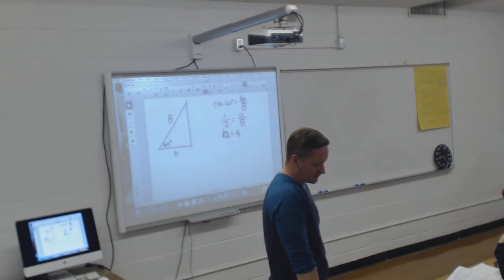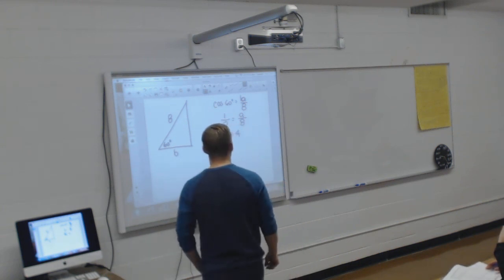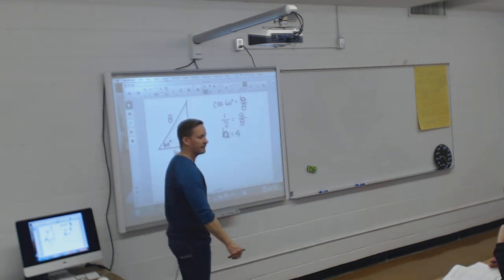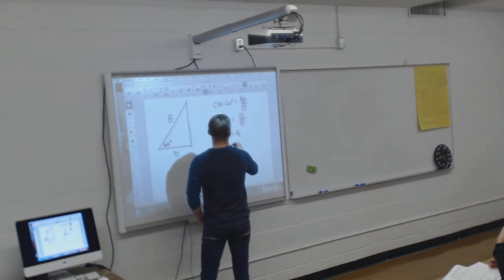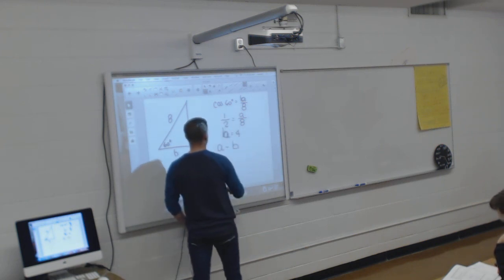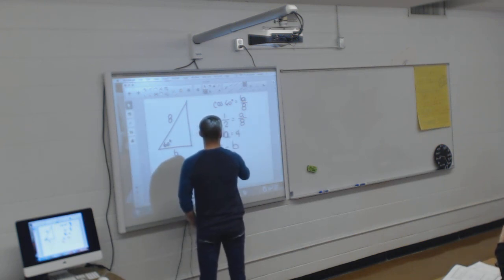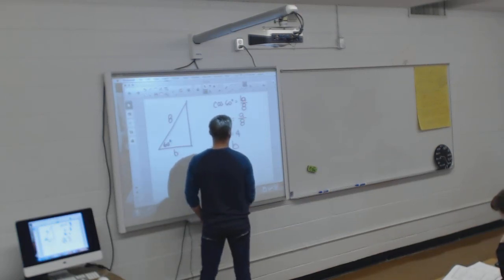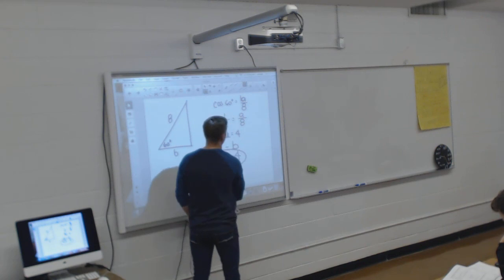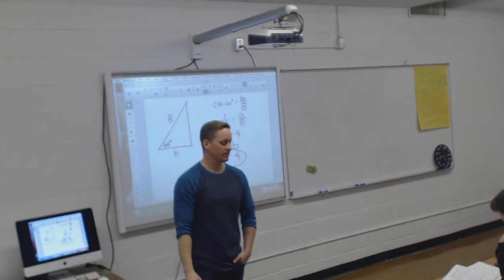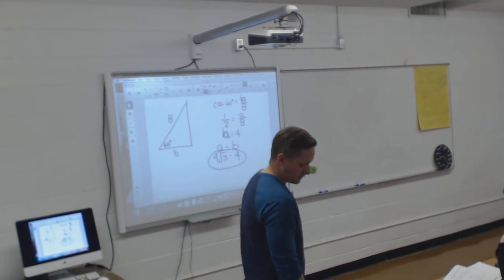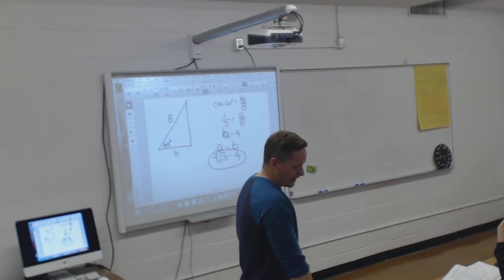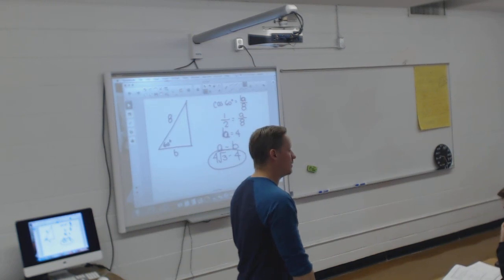So the total horizontal displacement is A minus B, right? Looking at your diagram. So A minus B. What did we get for A? 4 root 3, subtract 4. That is an exact value. If you used your calculator to evaluate this exact value, you'll find an approximate value of 2.93.